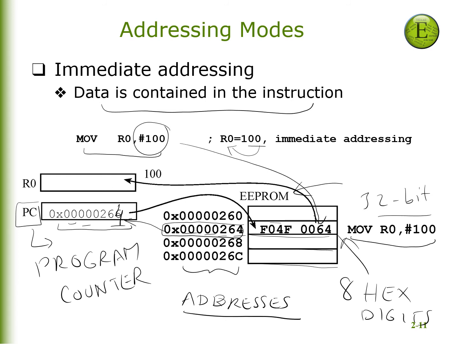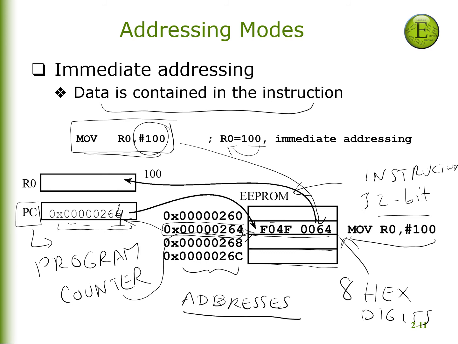The PC contains the address of the instruction that it needs to execute. Remember, the program counter points to the memory location containing an instruction. So here, this is a 32-bit instruction.